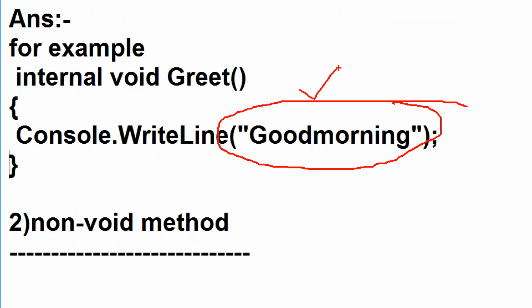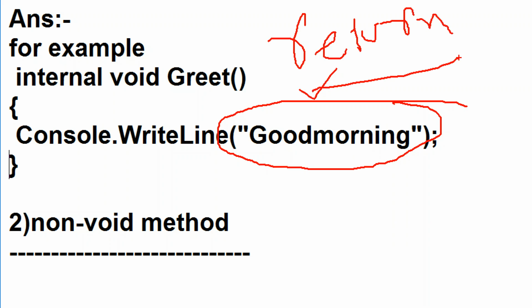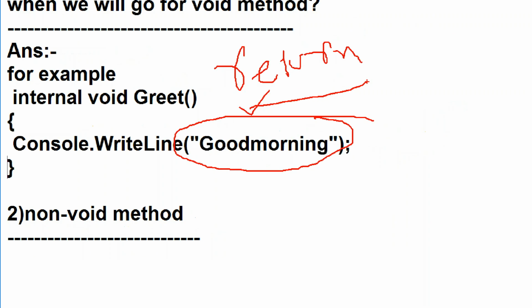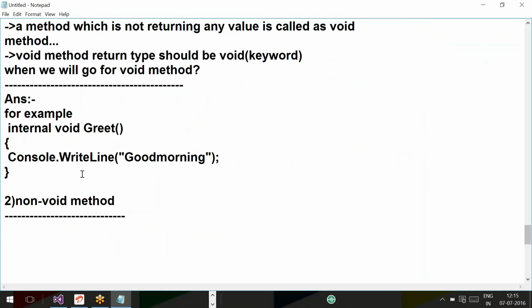But it is not returning. According to method functionality, a method may print 100 things, but is it returning any value? No. Return means whenever you return a value, we have to use a jump statement called return. Long back we discussed. So it's not returning any value. That's why here the greet method return type should be void.